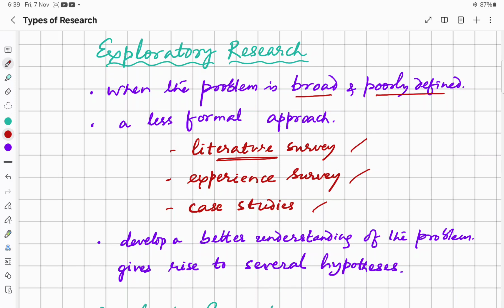And experience survey concentrates on persons who are particularly knowledgeable in that particular area. So the whole literature is surveyed in literature survey, and in experience survey we identify certain persons who are knowledgeable in a particular area, and the survey will concentrate on these knowledgeable persons.